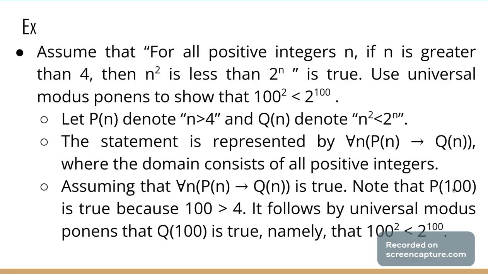So that implies that Q of a is true. Q is n squared less than 2 raised to n. So 100 squared less than 2 raised to 100 is true. So using universal modus ponens, Q of 100 is true.